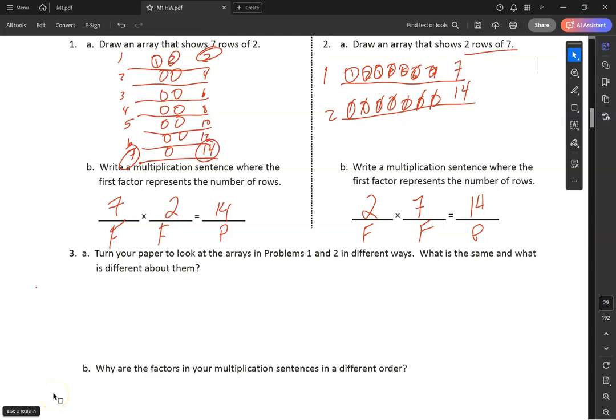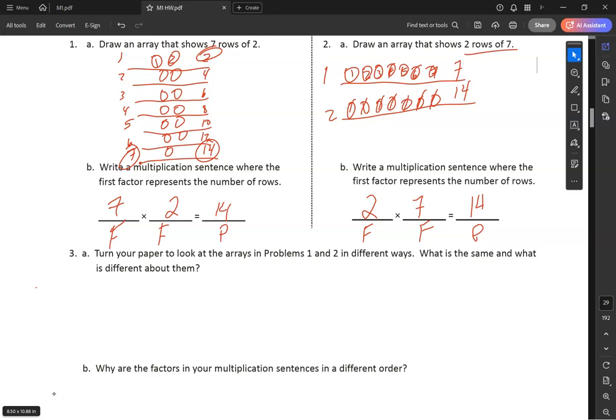Okay, so if you look at number 3, it says to look at problem 1 and 2 and turn the paper sideways so you can look at them differently. So that means that now, number 1 will have the rows going the other way. You will have 2 rows of 7, and if you turn the other one around, you'll have 7 rows of 2. So they're the same thing, but they're switched. Okay? So what is the same and what is different?